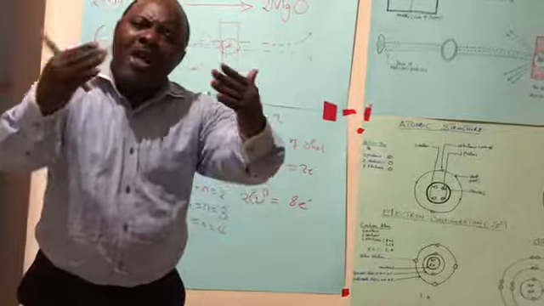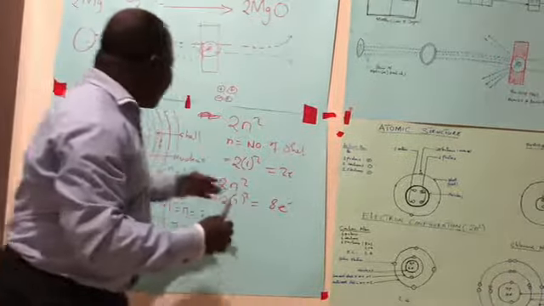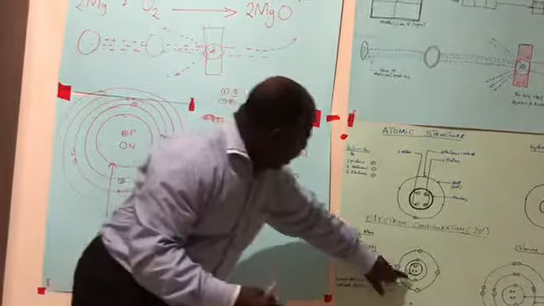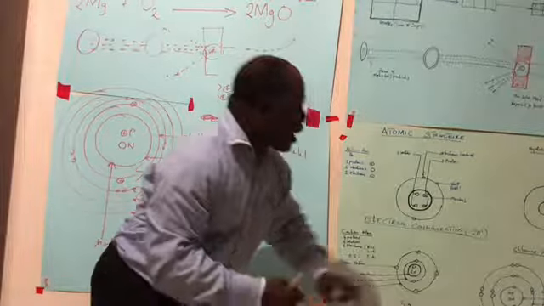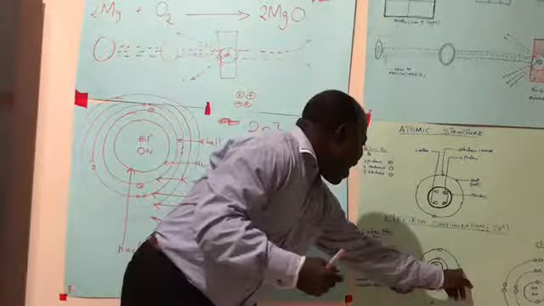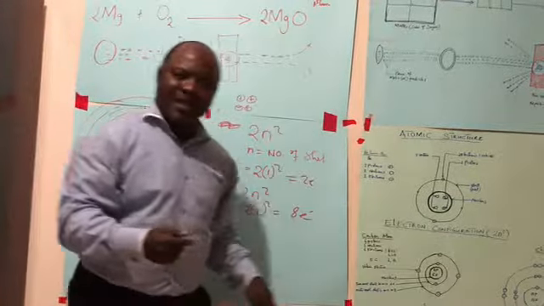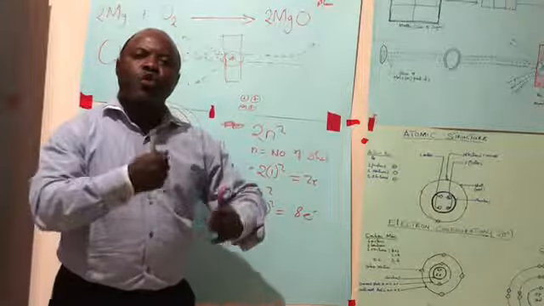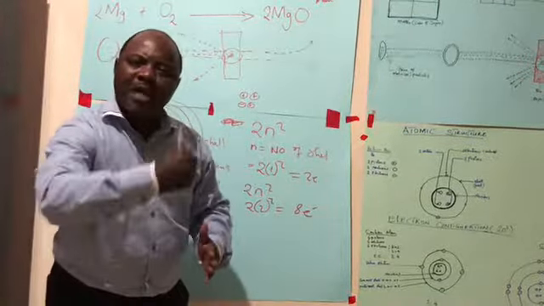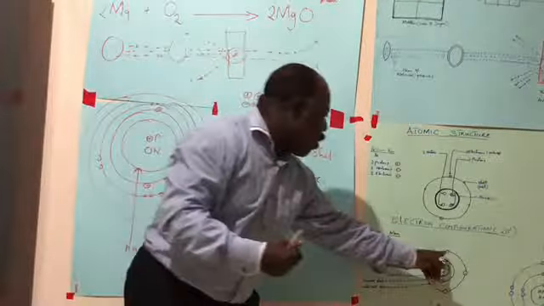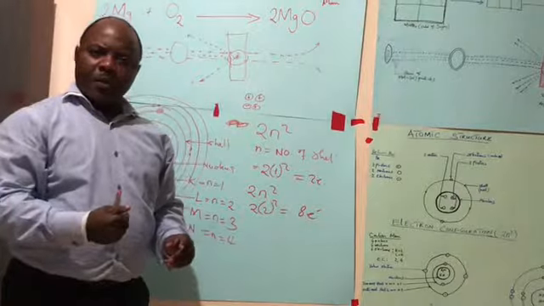They can ask you, why is it that only these electrons react and not the ones inside, since there are electrons inside here and also outside? These ones can easily bond to another compound or atom because of the force of attraction to the nucleus.